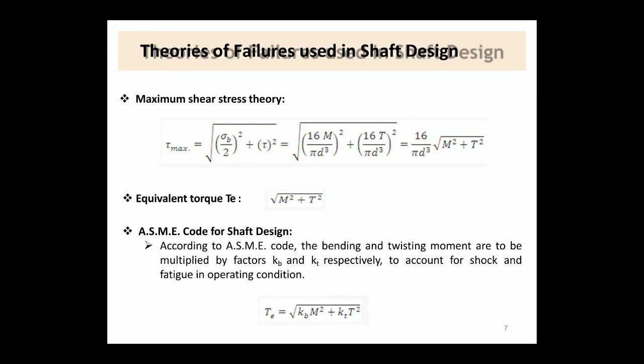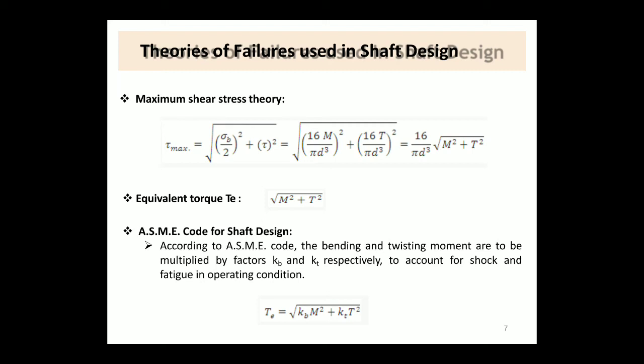So we find tau max, the maximum shear stress induced. As per this theory, tau max is given as the square root of (sigma b by 2) square plus tau square, where sigma b is the bending stress and tau is the shear stress induced.